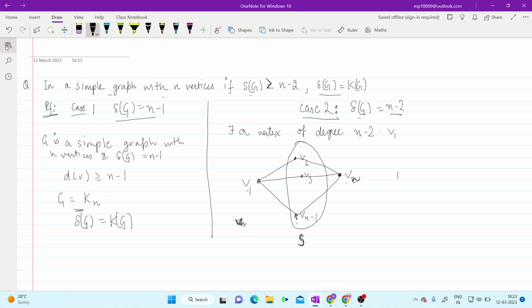Now can you see that these are the minimum vertices that are required to disconnect the graph? That is, if we remove fewer than n minus 2 vertices, G remains connected.